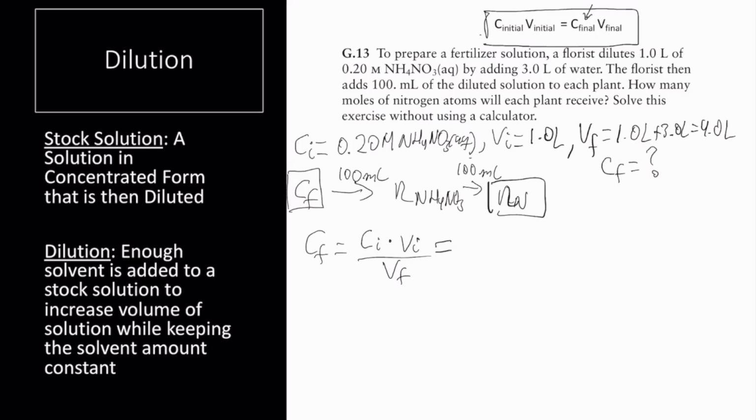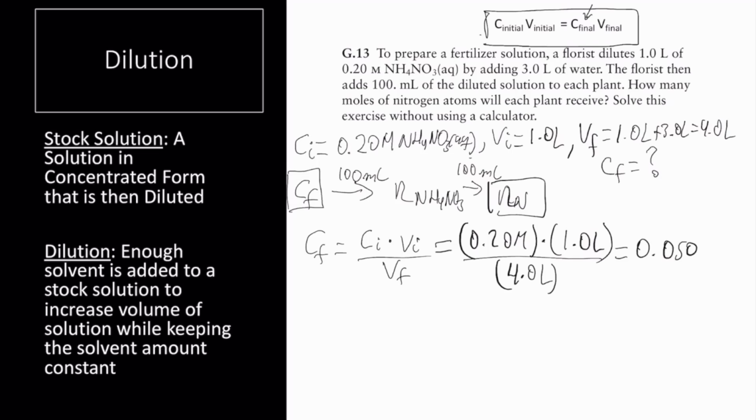So this would be 0.20 molar times 1 liter divided by 4 liters. Notice that each of these numbers has 2 significant figures. So the final answer must have 2 significant figures as well. This gives 0.050 molar.